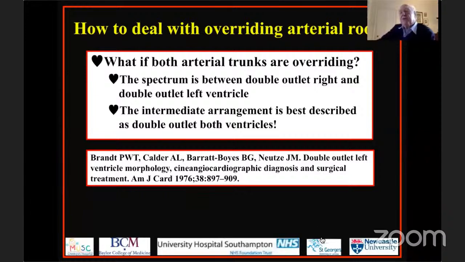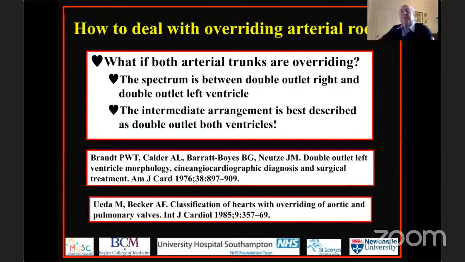So as far as we know, this is the first time in which this term was used. Then my very good friend Anton Becker, working with Maki Ueda when she was in Amsterdam with him in the middle of the 1980s, he and she came across a couple of hearts which showed this arrangement that Peter Brandt had called double outlet both ventricles.